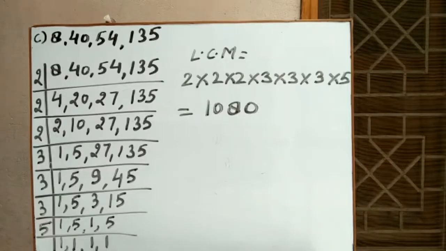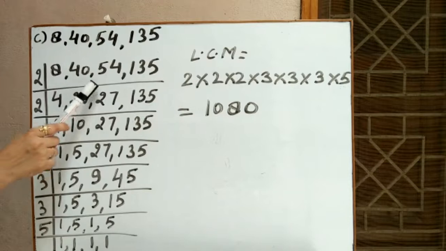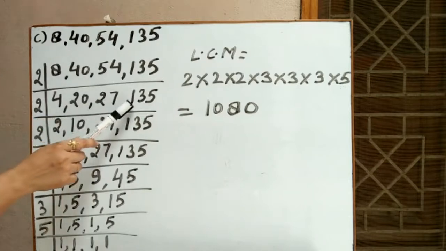The next is C. First of all, we will write the given numbers like this. And I have told you, we always start with the smallest prime number, that is 2. So, 2 fours are 8, 2 sevens are 14, 2 twos are 4 and 2 sevens are 14.